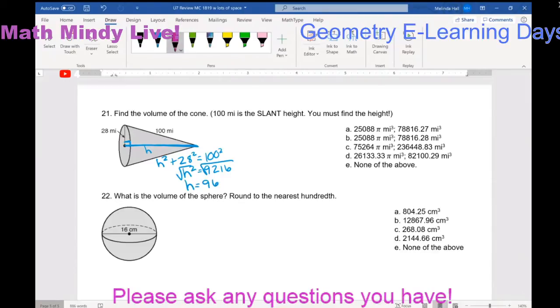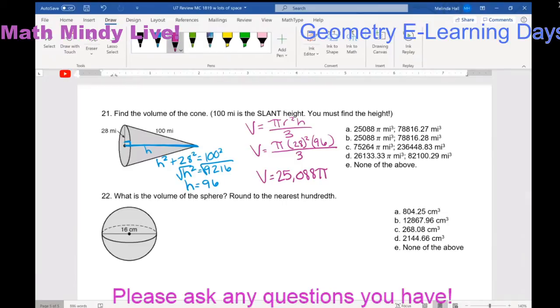To finish this one off, you would have your pi r squared h, because it's your base area times height divided by 3. Our radius, we already know, is 28, and our height is 96 because we just solved for that. Then we are dividing by 3. 28 squared times 96 divided by 3 gives me 25,088 pi.